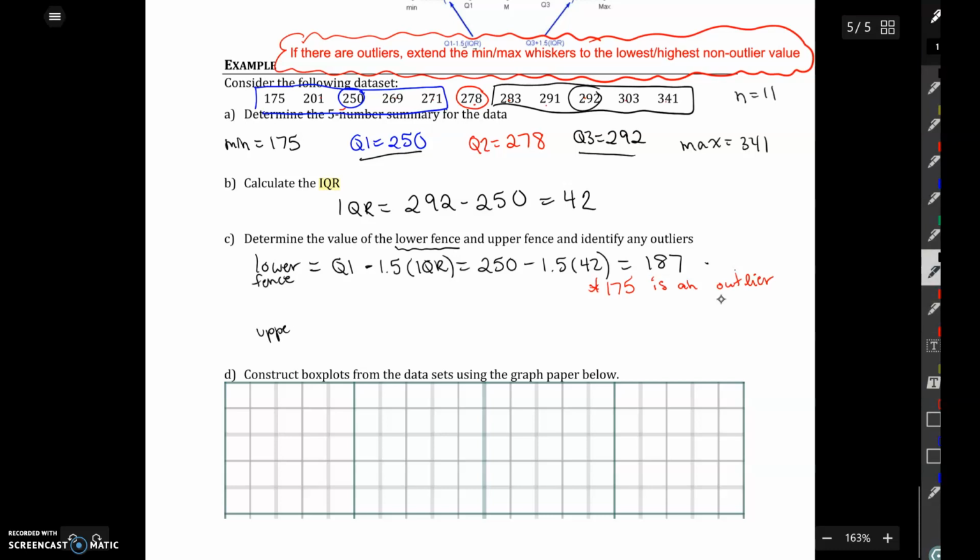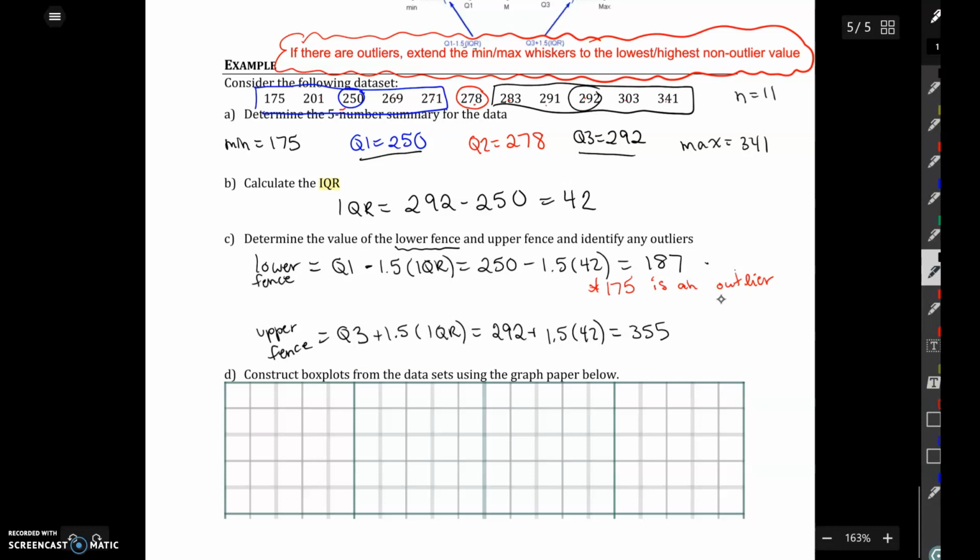My upper fence value is found by starting at Q3 and moving up, adding 1.5 times my IQR value. So I'd start at 292 and I add 1.5 times 42 to that value. Plugging that into my calculator, that comes out to 355.